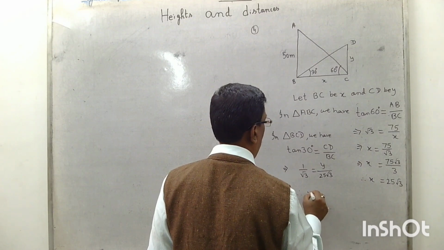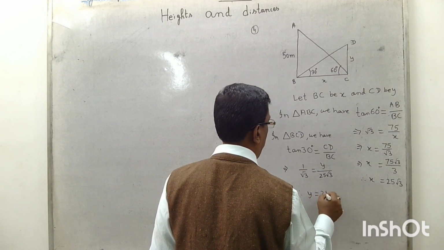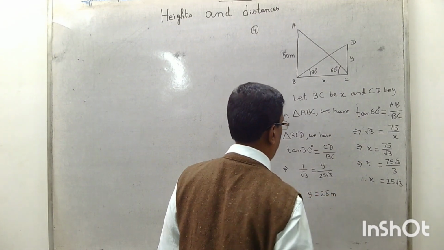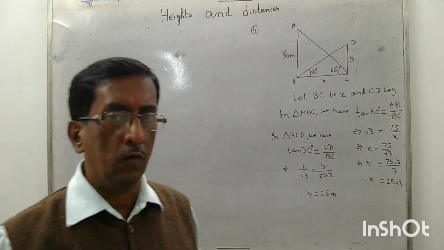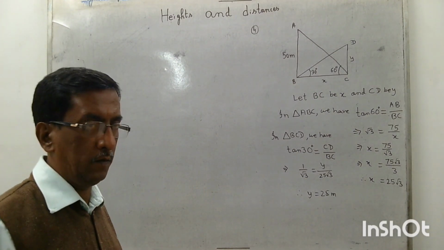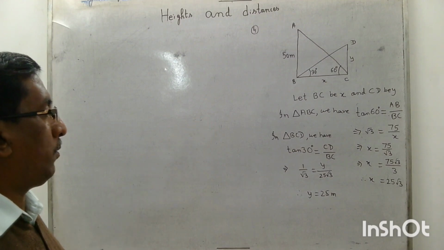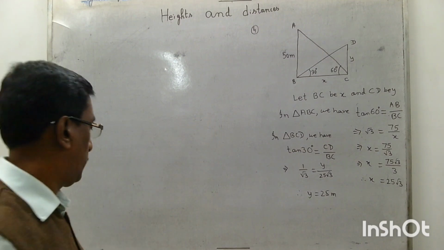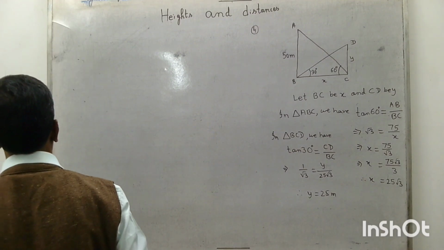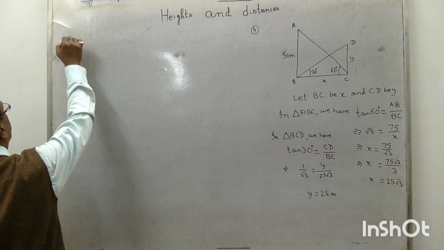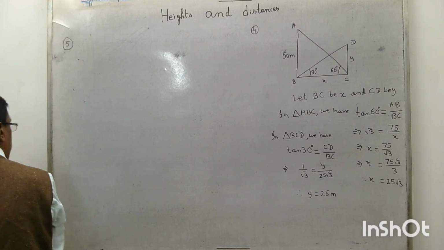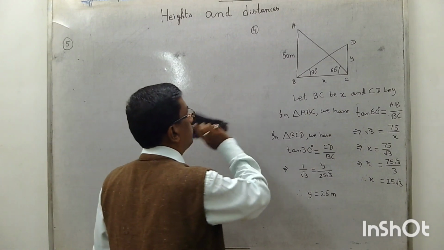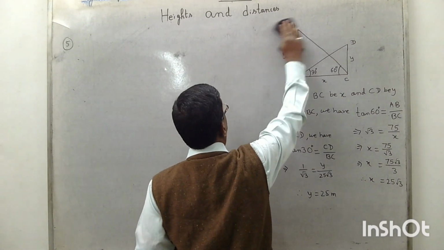Therefore, Y equals 25 meter. So the height of the building is 25 meter. This is problem number 4. Now we will go to problem number 5. Before that, I must clear this one.